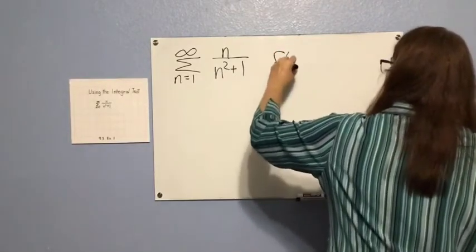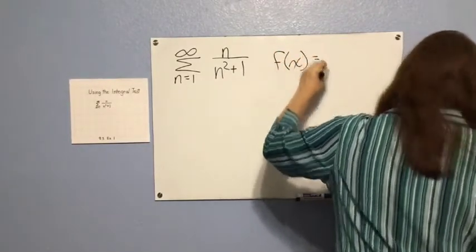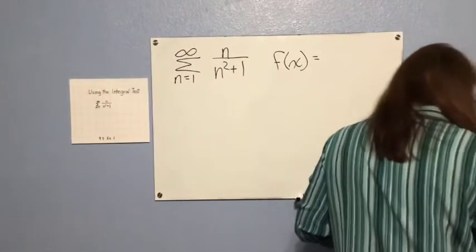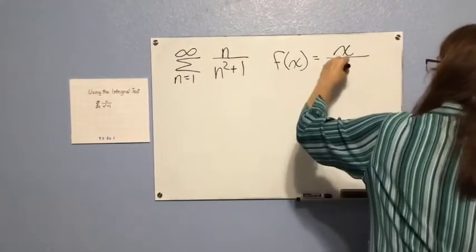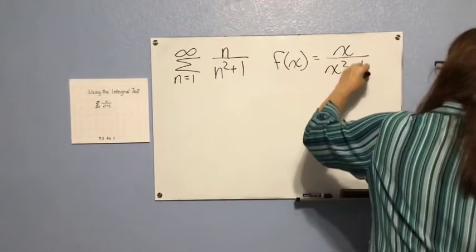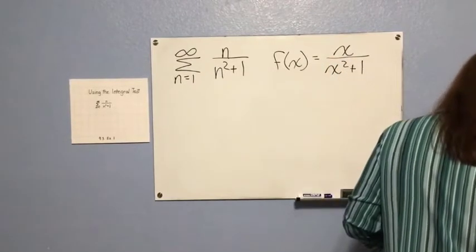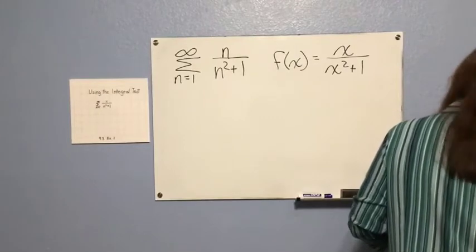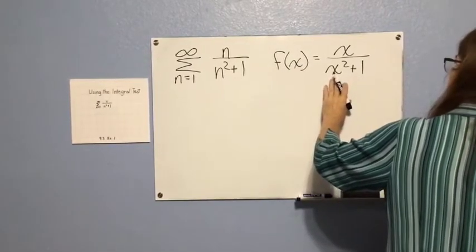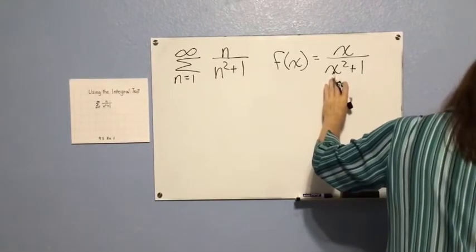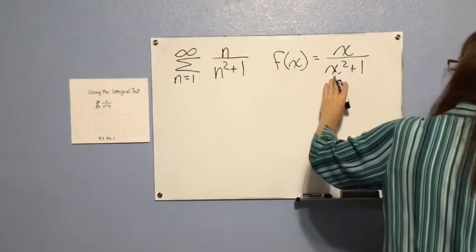So I'm going to have f of x is equal to x over x squared plus 1. And we know that this is positive and continuous for x greater than or equal to 1.